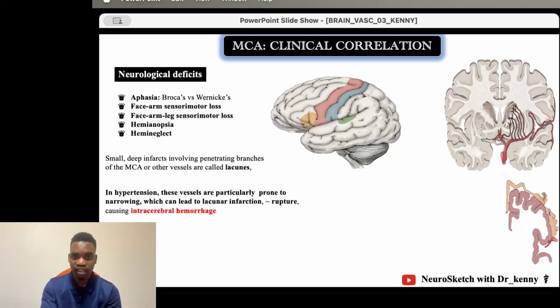Also, in high blood pressure, these vessels are prone to rupture, and they can cause intracerebral hemorrhage, the bleeding within the brain.